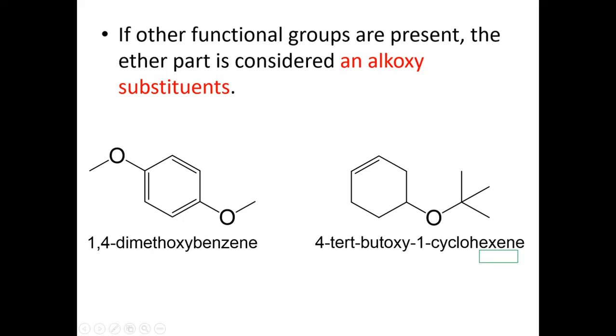Tert stands for tertiary. Why 4? Because here, we start from here 1, 2, 3, 4. 4 is the location of this substituent. So always remember the double bond will get the lowest number, the highest priority. So here is number 1. So that's why you put here 1-cyclohexene.